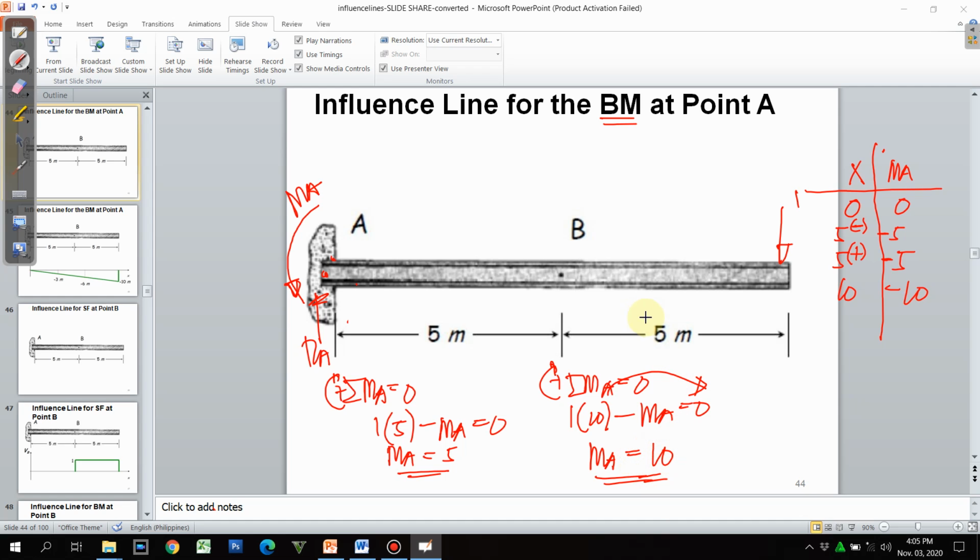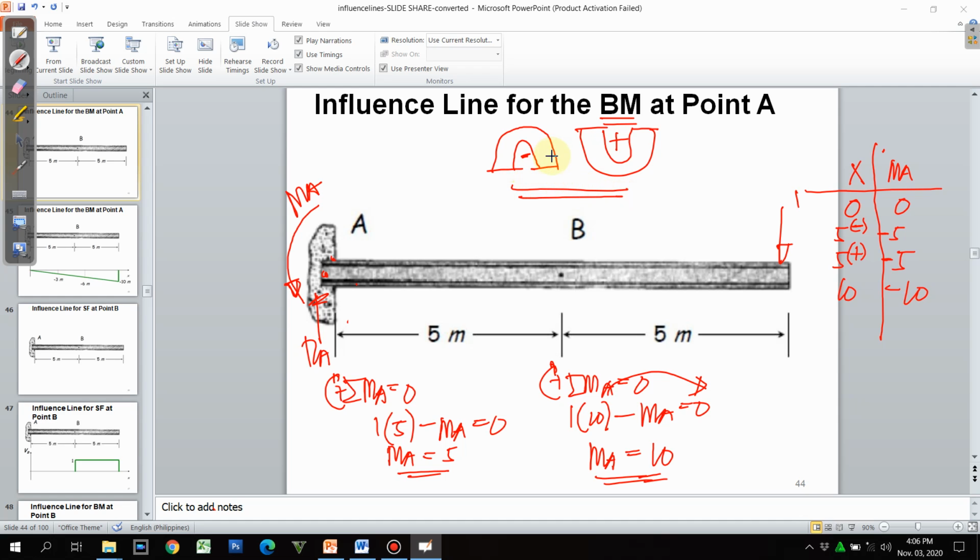So if you want to adapt this sign convention wherein concaving downwards is negative and concaving upwards is positive, because we are actually getting the value of the bending moment from the moment equation, therefore we just have to adapt this.